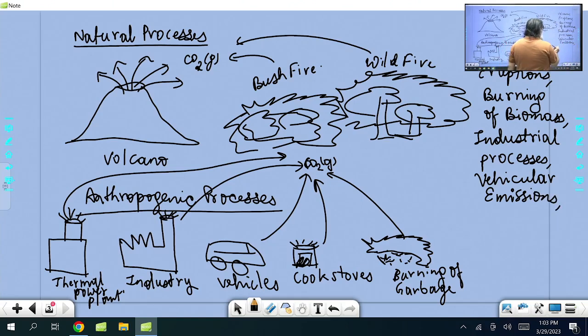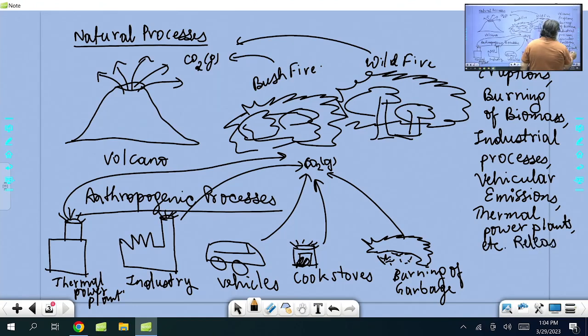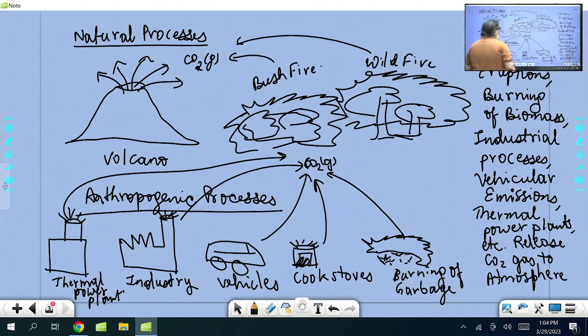Then another thing, thermal power plants, all those human activities release carbon dioxide gas to the atmosphere.